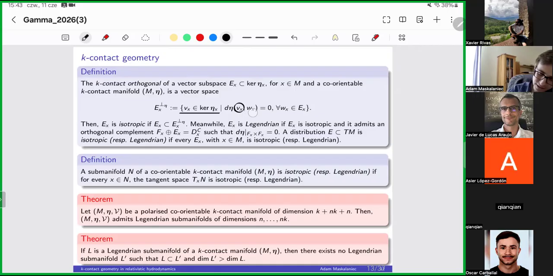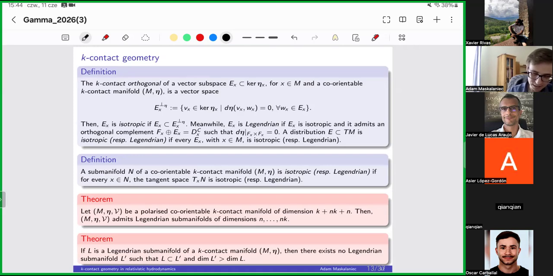So in fact, this k-contact orthogonal is nothing more than a k-symplectic orthogonal on a k-symplectic space, the kernel of eta, whose k-symplectic form is simply d eta.